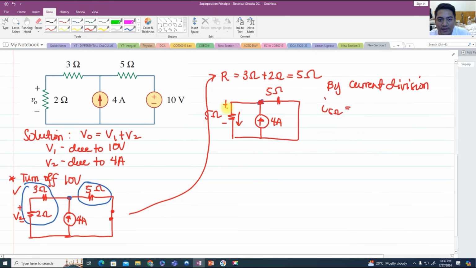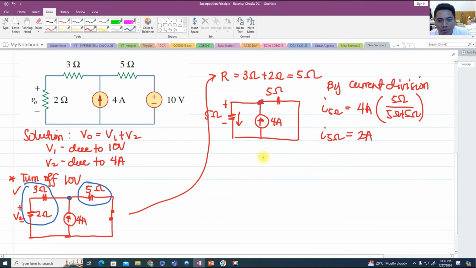If we use Ohm's law, we just multiply it by the ohms and that is the voltage. So I have 4 amperes, I have 5 ohms plus 5 ohms. Basically this is 2 amperes. So the current at that resistor R is 2 amperes.